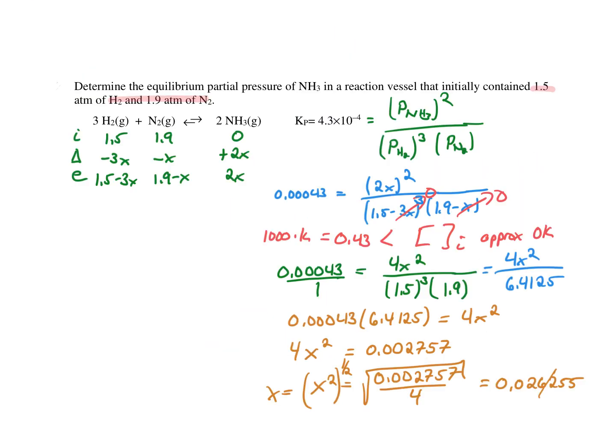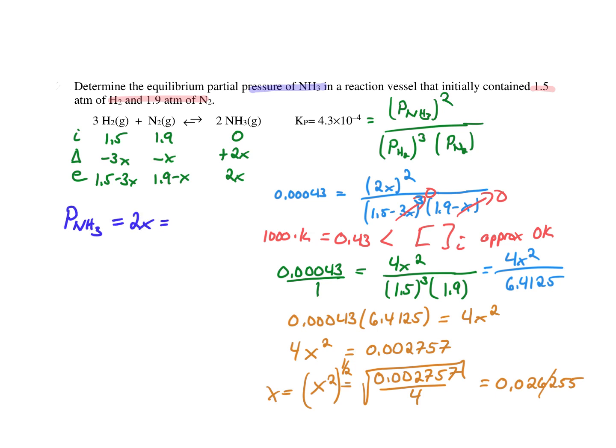Okay, and now finally that we have x, we go back and answer the question. The question is to determine the equilibrium partial pressure of NH3. Looking at our table, we see the pressure of NH3 at equilibrium is equal to 2x.